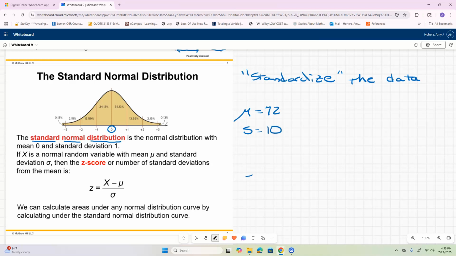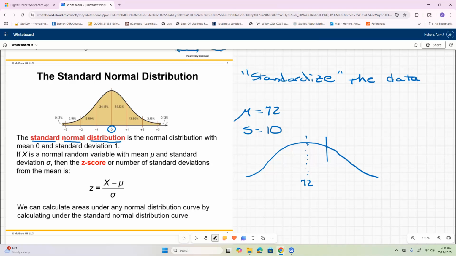Okay. So if we had a normal curve, and the mean was 72, actually, I'm just going to leave the x-axis off because it would be a little less messy. So if we had the mean of 72, and we wanted to then mark off where 1, 2, and 3 standard deviations are, each of these would be 1 standard deviation.